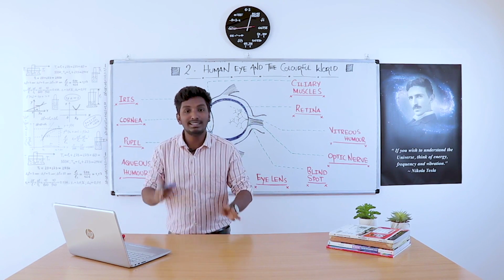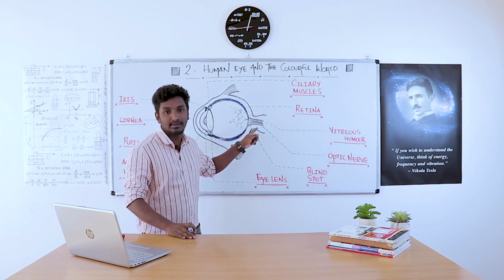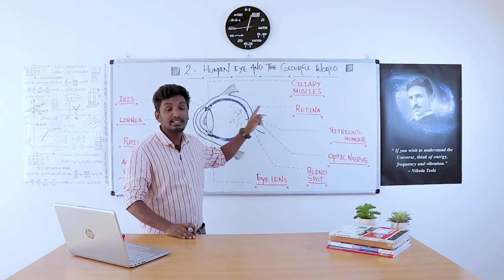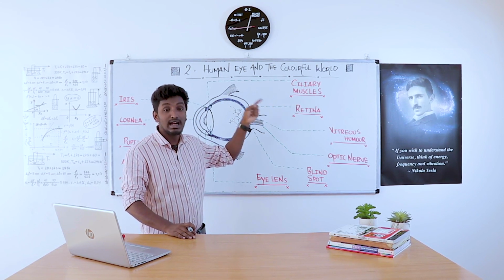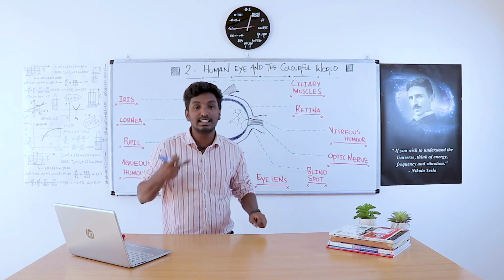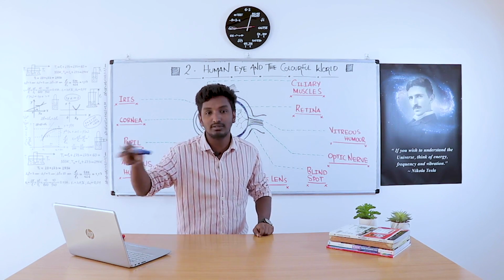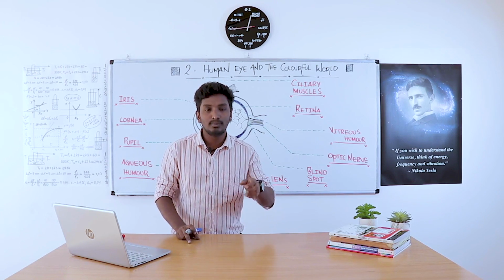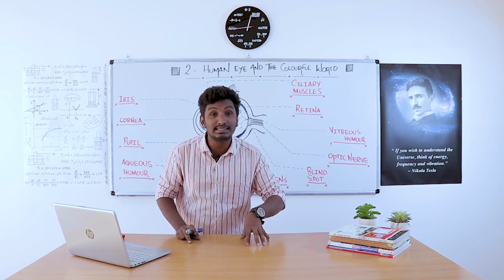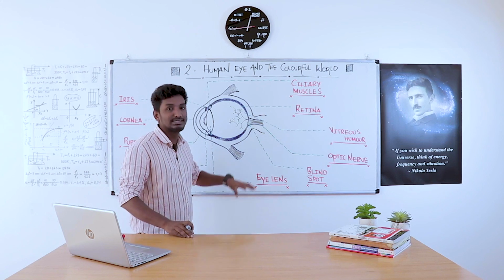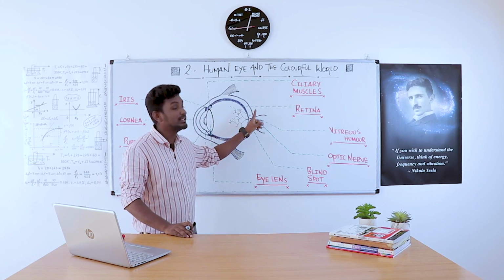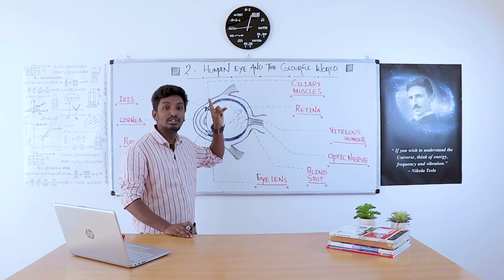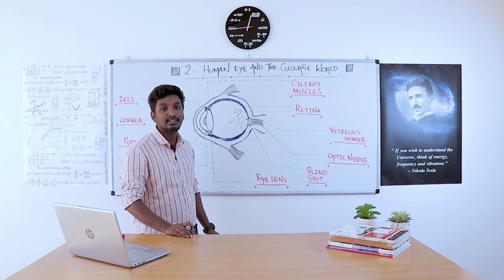When the image is formed on the retina, this image should go to the brain, and then the brain analyzes it and tells us, you are seeing this object, you are seeing that man. So the image formed on the retina should go to the brain.